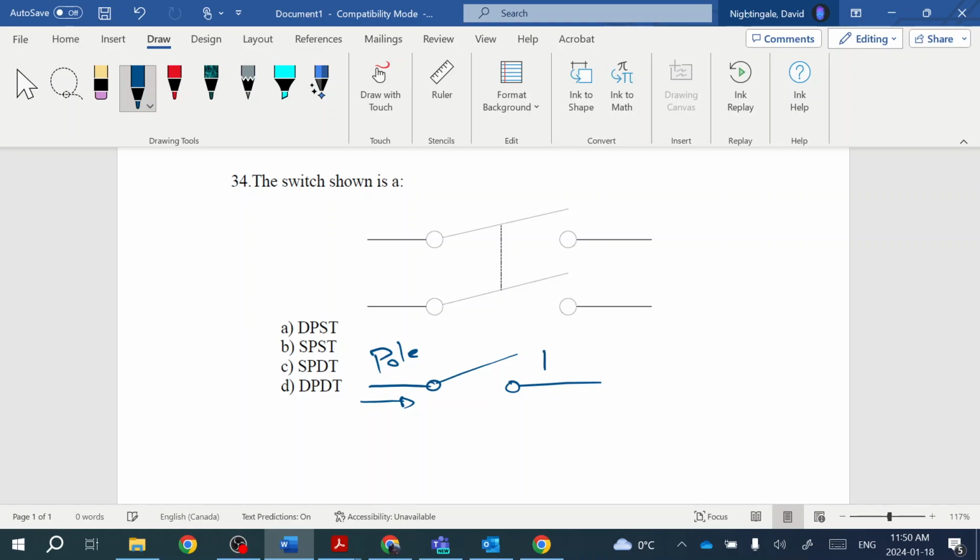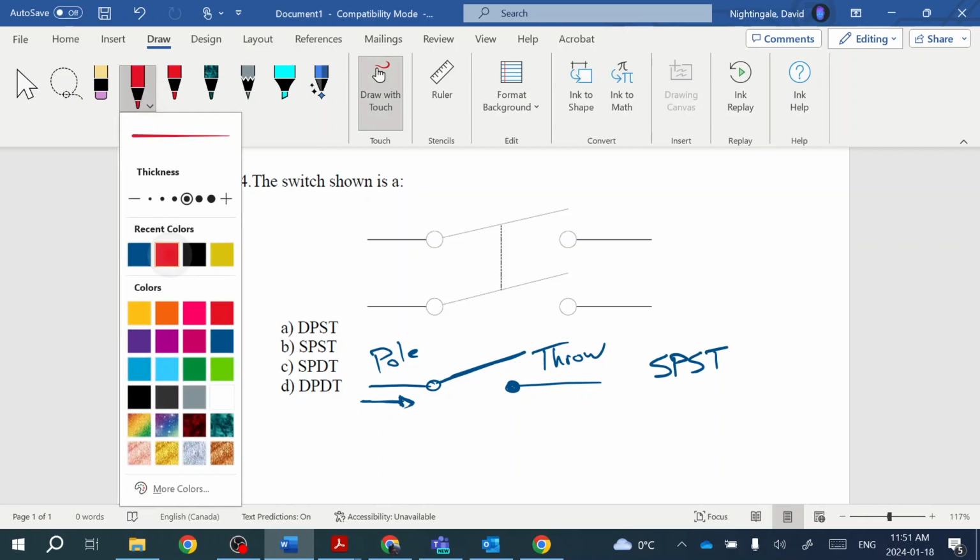Our actuator, that lever arm, can only connect to this point here, so we have one throw. We have one way that the current can flow through this particular switch, and so we call that a single pole, single throw switch.